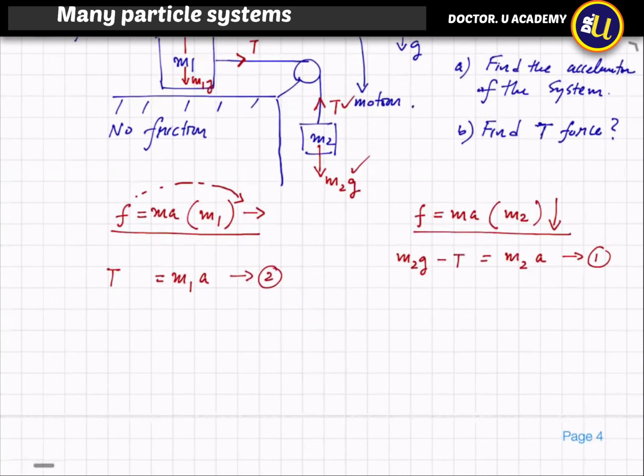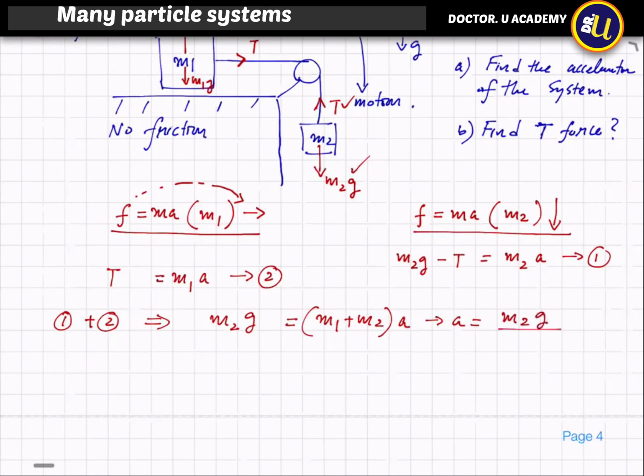So now from 1 and 2, you can add those two, then you can get the acceleration. So it would be m2g is equal to m1 plus m2 times a, and acceleration would be m2g divided by m1 plus m2. So that's the acceleration. So this is pretty clear.